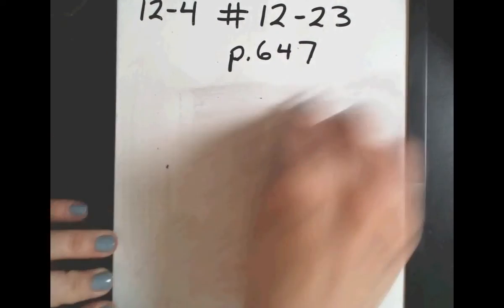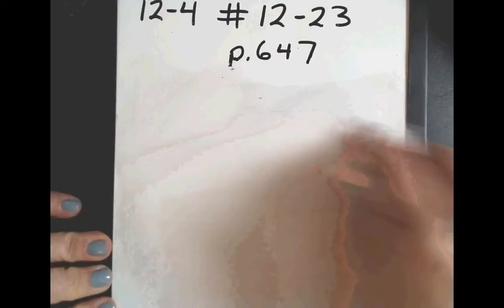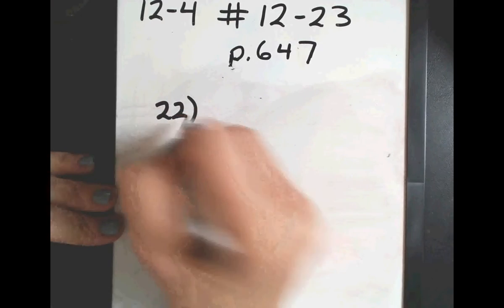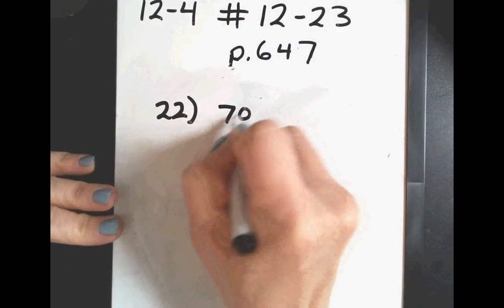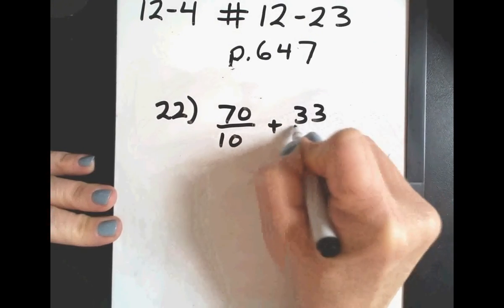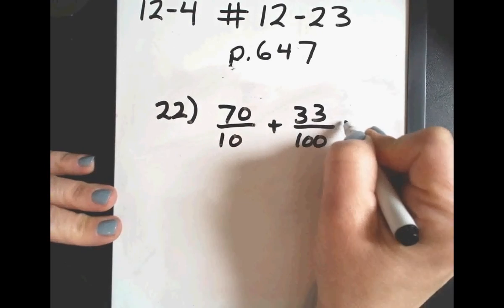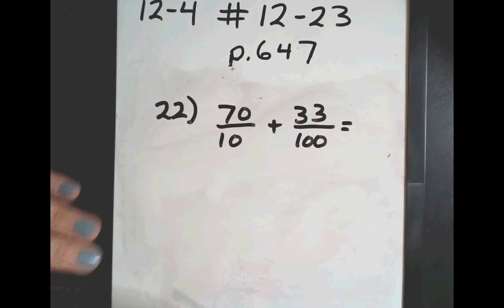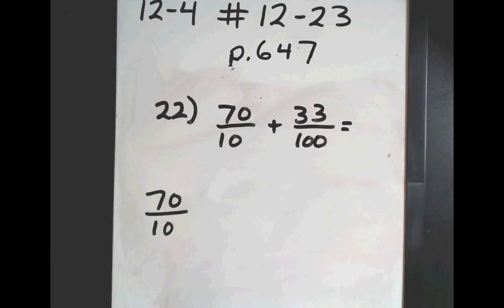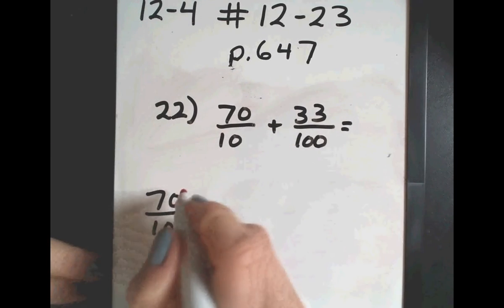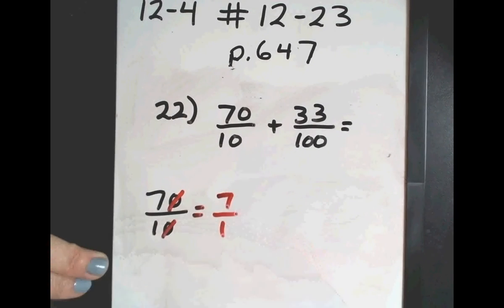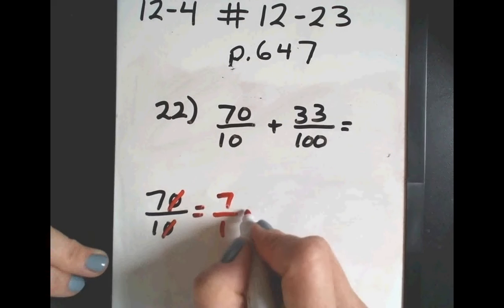And let's go over number 22. Now number 22, I'm going to go over a little bit differently, because I wonder if any of you noticed something. So 70 tenths plus 33 hundredths. So there's two things here. You'll notice in 70 tenths there's a 0 in the numerator and a 0 in the denominator. So if I got rid of those, I'd be left with 7 over 1.